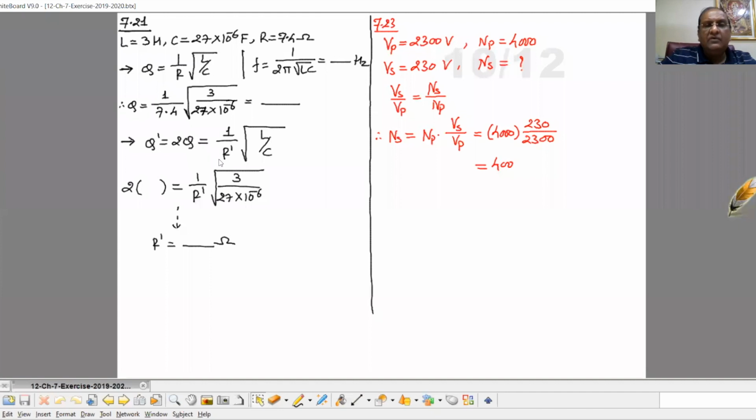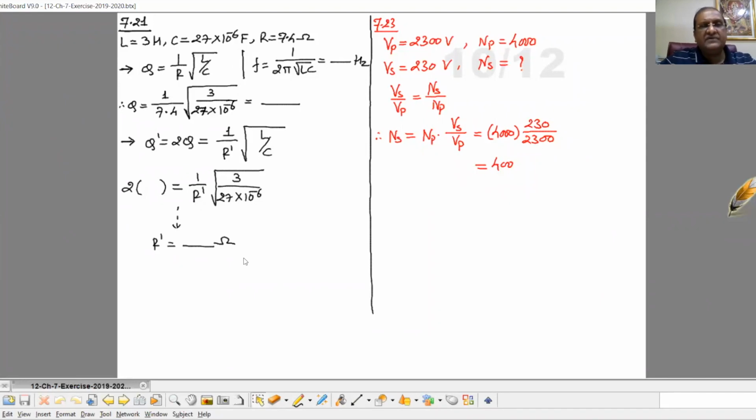So now here L and C that we keep constant, we can change R. So new resistance: 1 upon R dash into root L by C. So you will get the value of R dash. Clear to all of you? So here we will get R dash for which the Q factor will be improved by 2 times.